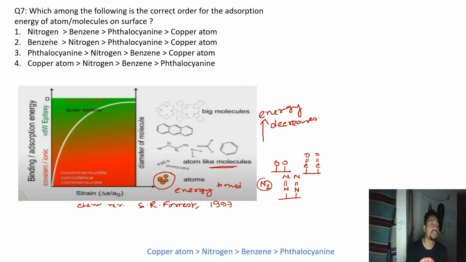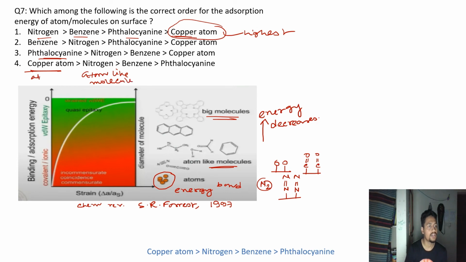So let's go by this. This is nitrogen, then benzene, then thiocyanin, then copper atom. This is an atom, right? So copper atom cannot be the lowest energy. It is going to have the highest. So this one is the answer. And thiocyanin is the biggest molecule here. So this is copper atom, then nitrogen, this is an atom-like molecule.